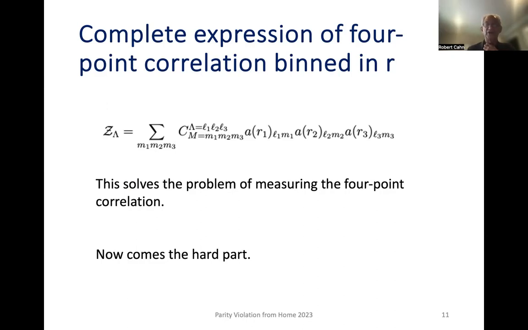So once we've measured the A's for one single central galaxy that we've picked, we can calculate z sub lambda. And then we do this over and over again, taking different galaxies as the center points. And so this basically solves the problem of actually computing the 4-point function or the n-point function.